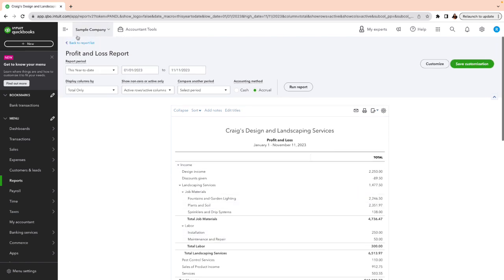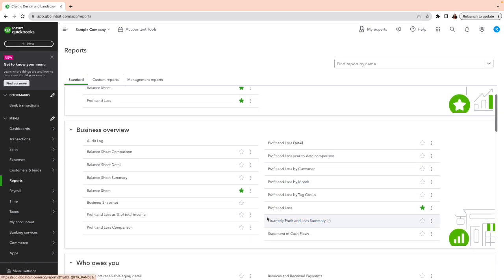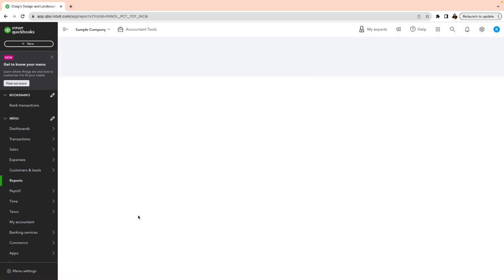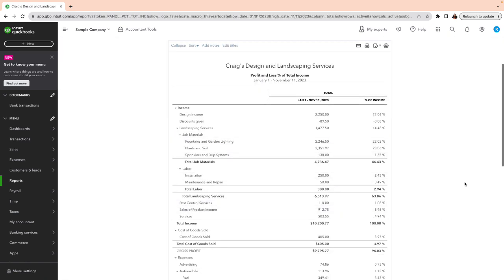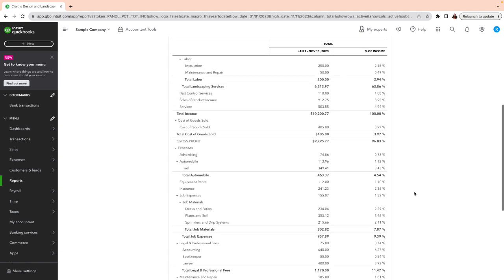Okay, so one way for you to analyze your business using the profit and loss is the profit and loss by percentage of total income, which is going to give you your total income by percentage. Here the total income actually doesn't show up until here.